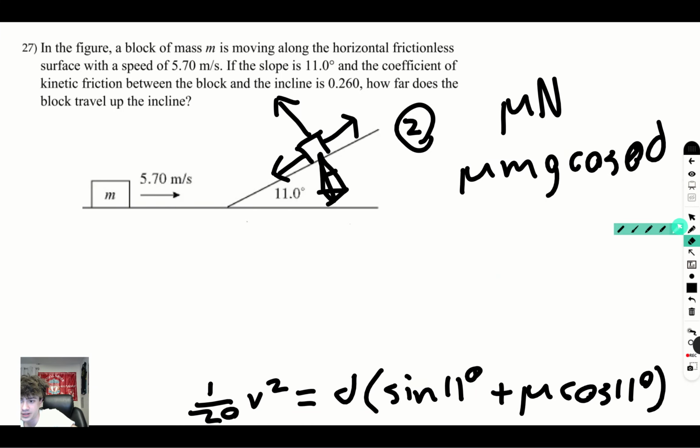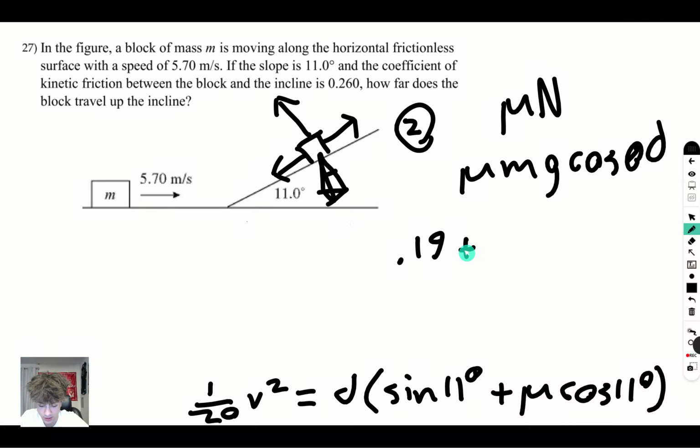So let me pull out my calculator really quickly. Sine of 11 degrees becomes 0.19.